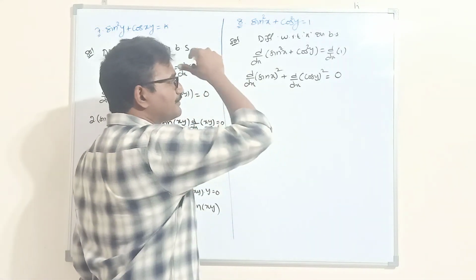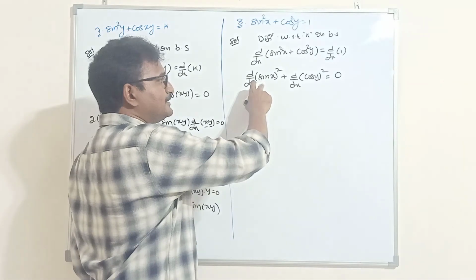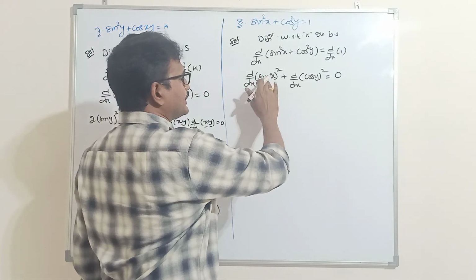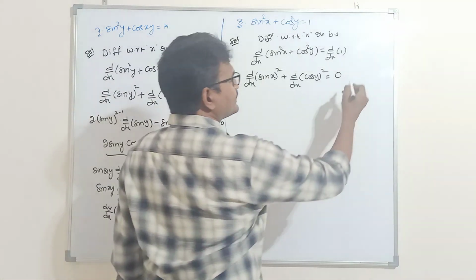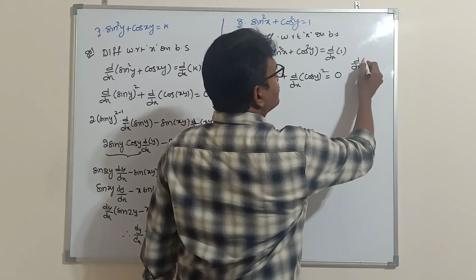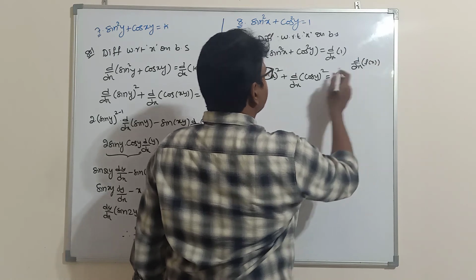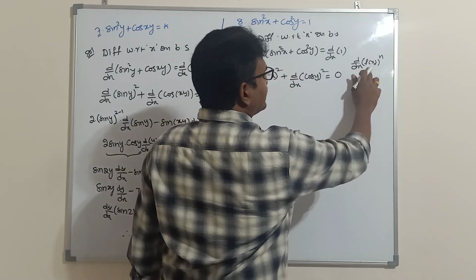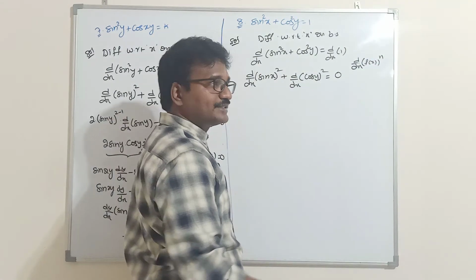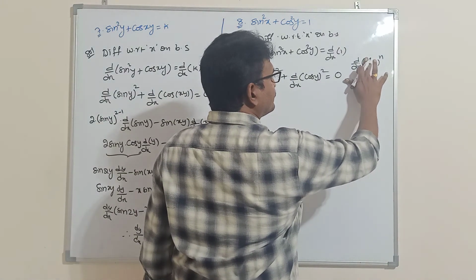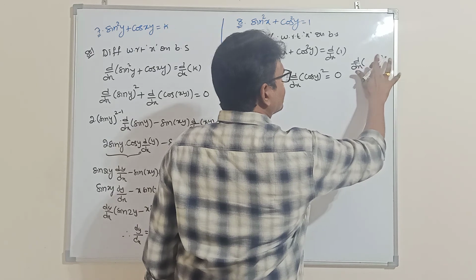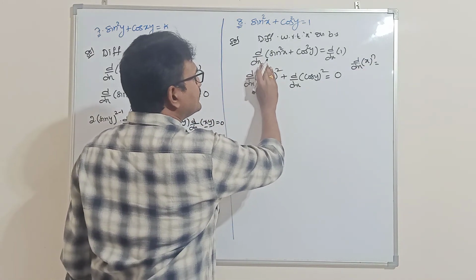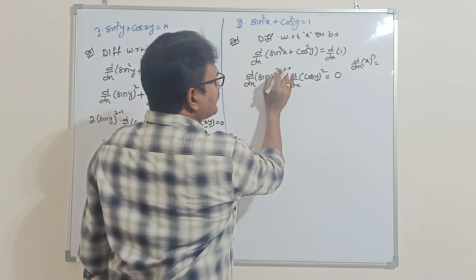We know the derivative of sin x is cos x. We know the derivative of x square is 2x, but this is not the derivative of x square. Sin x whole square is there, the derivative of a function with a power. Which function is there? A trigonometric function with a numerical power. So whenever the derivative of a function with a numerical power is there, we have to assume the function as x, derivative of x power n, and apply the formula for the derivative of x square.